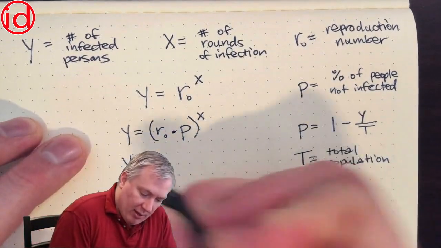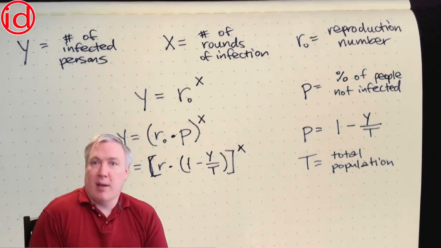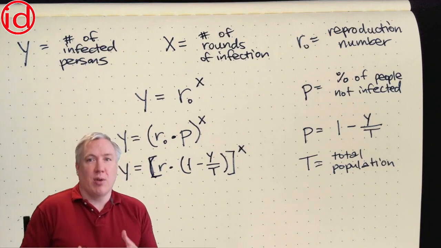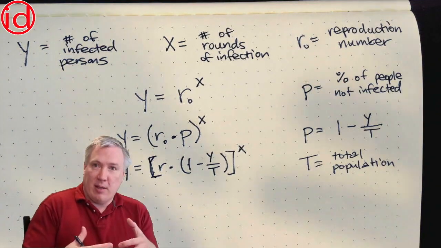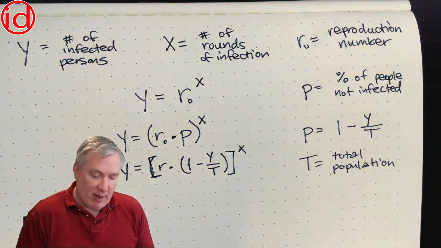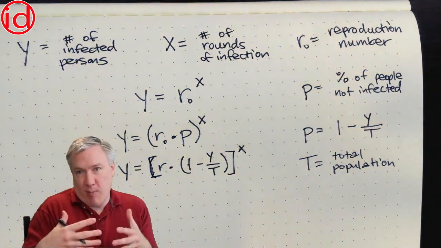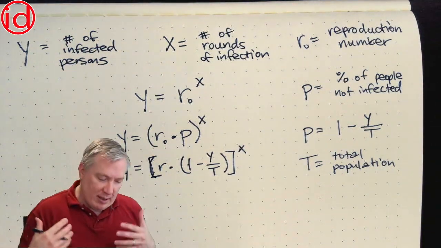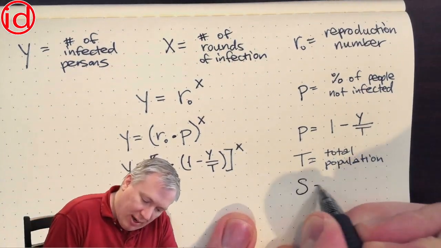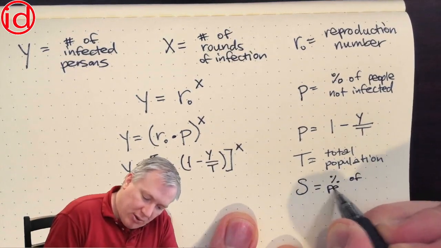So now I've got y is equal to, and there's actually a next step here, because you can take away another percentage of the population through social distancing. So you're basically taking people and making them as if they can't get sick, even though they haven't been infected already. The same thing goes if you were to get immunized. You have more people who are unable to get sick. Okay, so I'm going to use the capital letter S for the percentage of people social distancing.